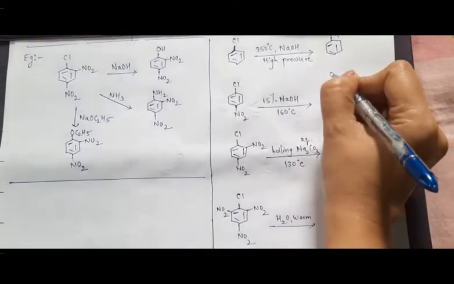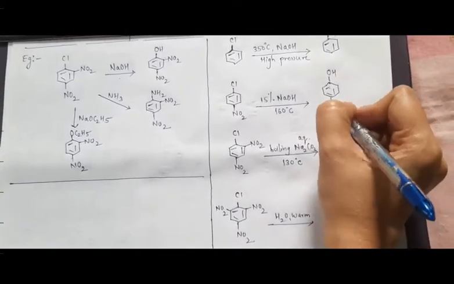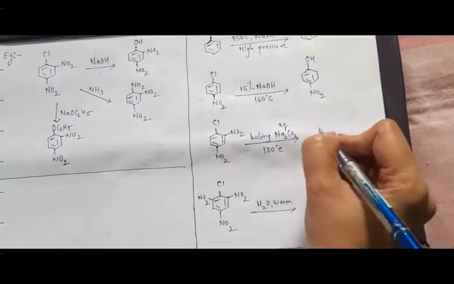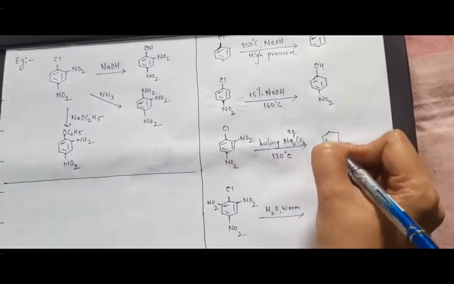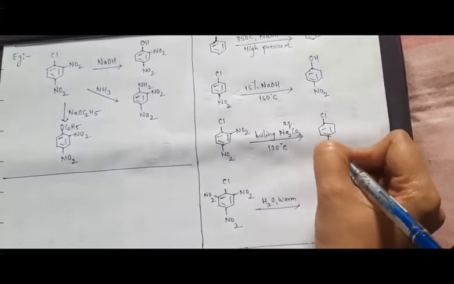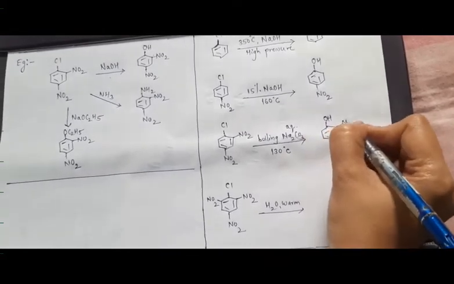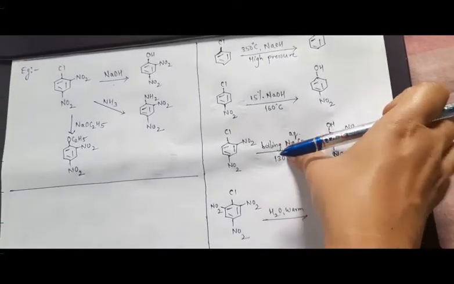I will have my chloro group being substituted by OH. Let me write down this particular product and then we will discuss all those reaction condition aspects which are related to it.